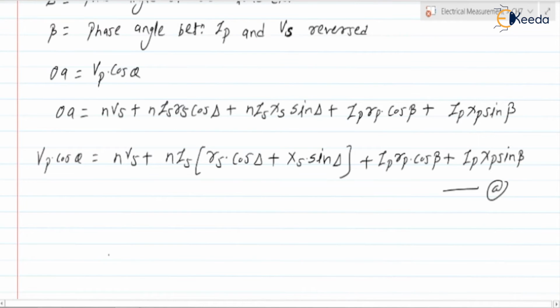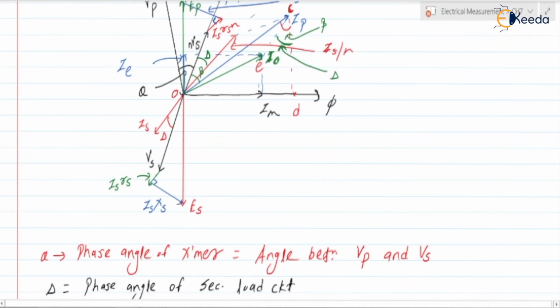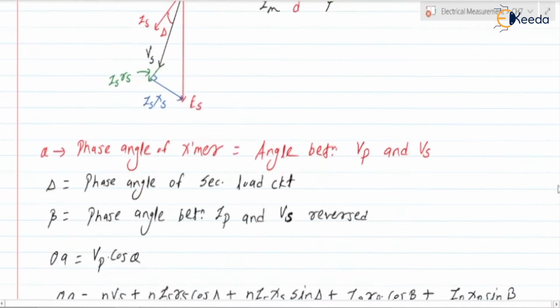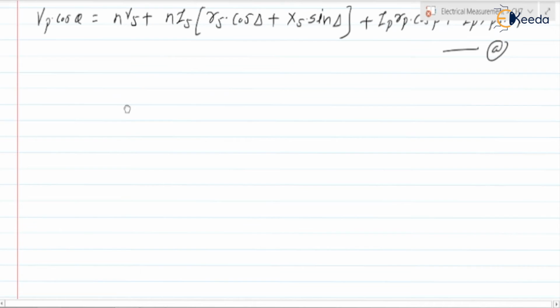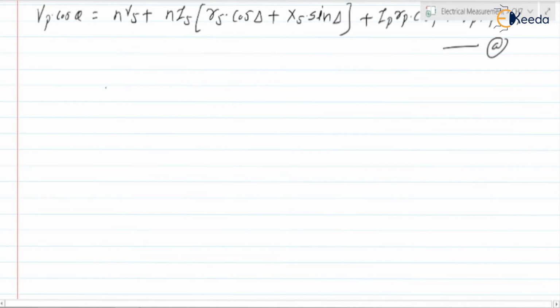Next, the angle theta is the angle between Vp and N Vs. Strictly speaking, this angle is generally very small. As angle theta is very small, both Vp and Vs reversed can be taken perpendicular to phi.